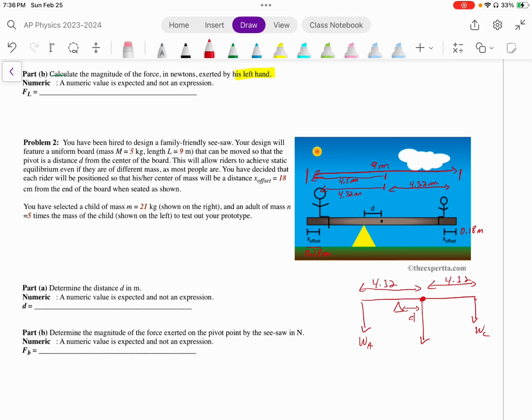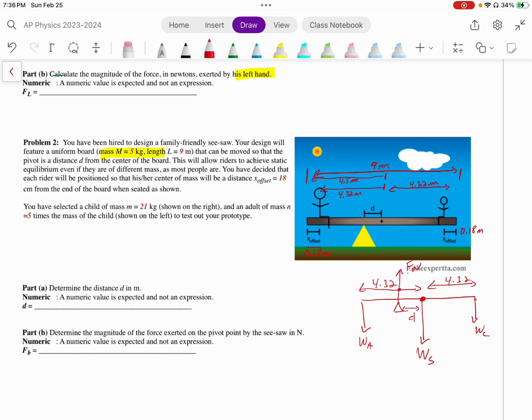This plank is not of negligible mass. They told us it has a mass of 5 kilograms. And so that is the weight of the seesaw, equal to the mass of the seesaw times little g. And the only other force that we have is force normal upwards, which is shown at the fulcrum. So that is force normal. Don't know where that is.